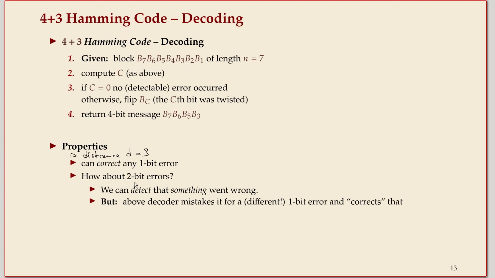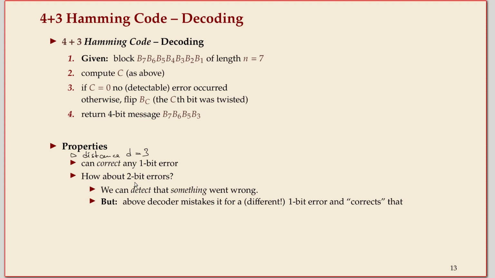Now remember, these were lower bounds. The statement was, if I want to detect 2-bit errors, then the code definitely needs distance at least 3. It does not say that every code with distance 3 is necessarily able to detect these errors.